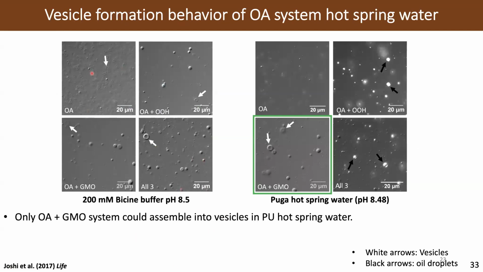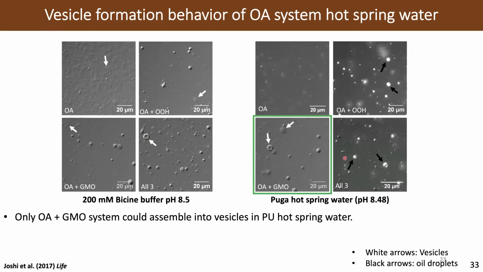Here on the left side are all the four systems: oleic acid alone, oleic acid with alcohol head group derivative, oleic acid with the glycerol monoester derivative, which is the one which formed vesicles in every condition, under every hot spring condition. And here is when you mix all three of them: oleic acid, oleyl alcohol, and glycerol monoester. Under buffered conditions, every single thing is showing you these ball-like structures, right? Shown by white arrows, they are vesicles.